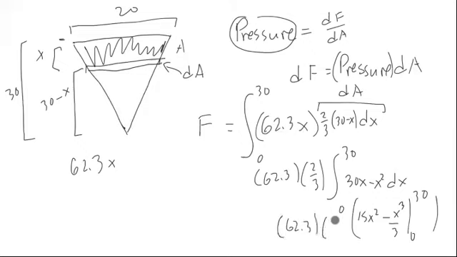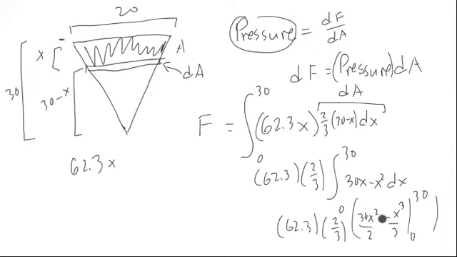62.3 times 2/3. Well, okay. Let's just think about this for a second. If this was still 30 over 2, maybe that would be easier in the computation. Because then when you plug in 30, you end up getting 30 cubed, 1/2, 1/3.